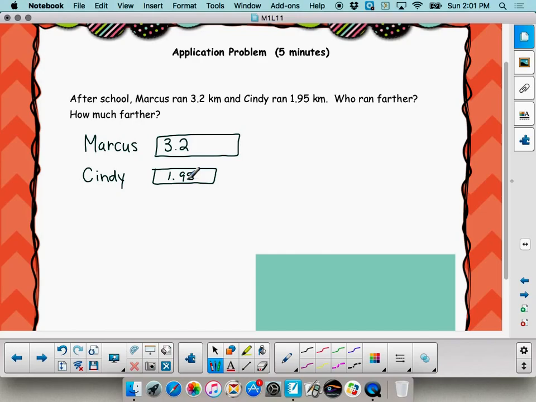How much farther? When it says how much, you remember what operation you're doing? Is that addition or subtraction? By the way, we're trying to figure out this right here. How much farther did Marcus run than Cindy? So I'm going to write 3 2/10 minus 1 9/500. Fill in with a 0.